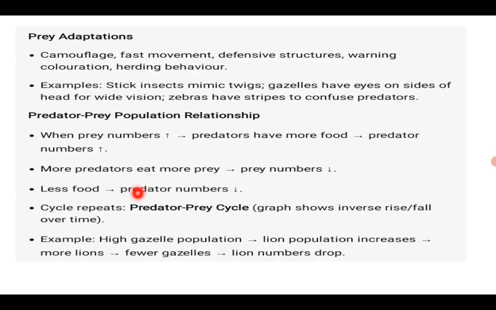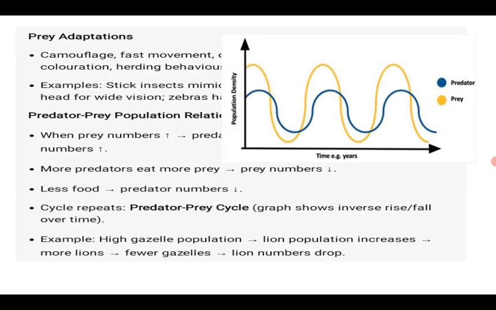Less food means predator numbers will decrease. So the cycle repeats itself. This cycle is known as the predator-prey cycle.